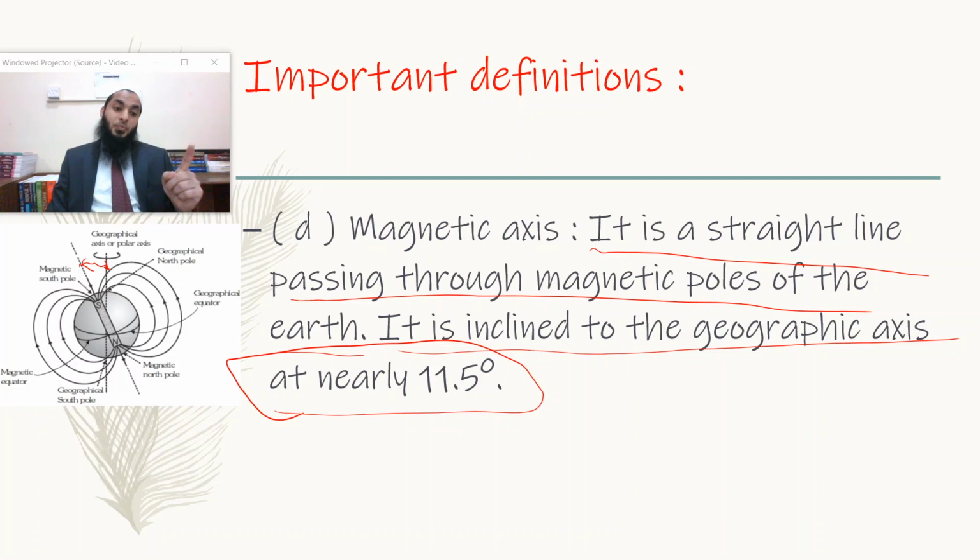But mind you, it is not constant. The magnetic field produced by earth is complex, it is complicated, it is weird. So because of that, it continuously changes. This angle continuously changes. It's not a constant value. Remember that.